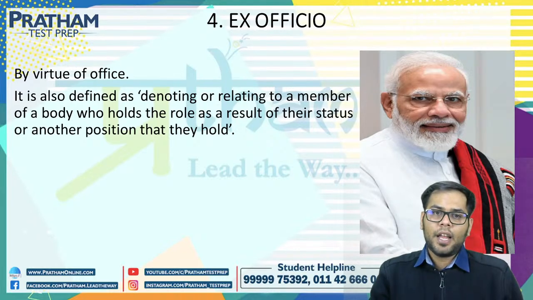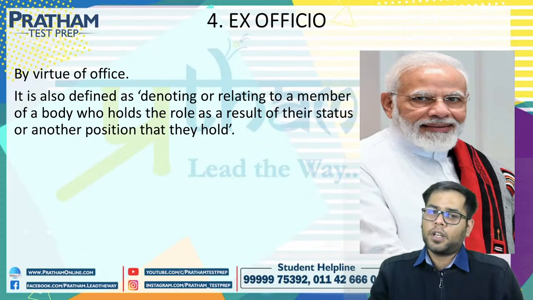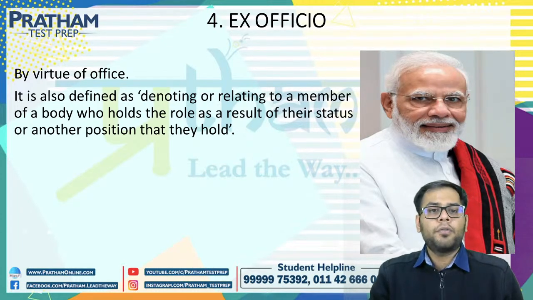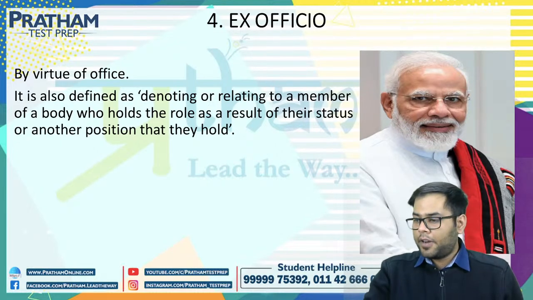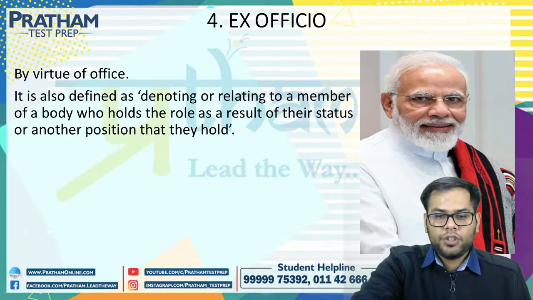So Mr. Narendra Modi got the seat as chairman just because he is the Prime Minister of the country. Basically, he got the chairmanship by virtue of the office he's sitting in. I guess it's clear for everybody. So you can see that he is the chairman here.